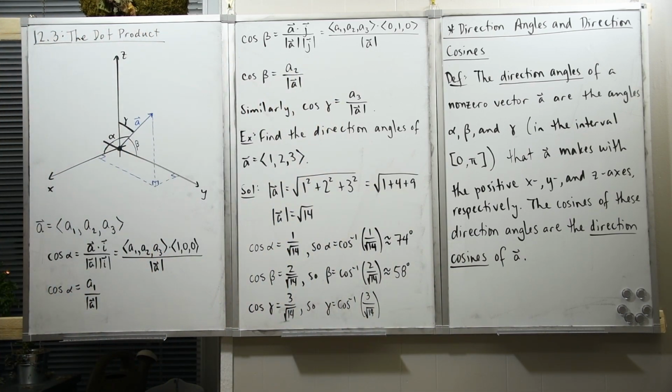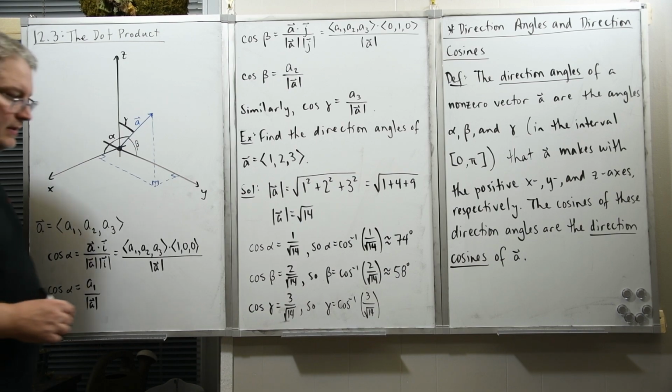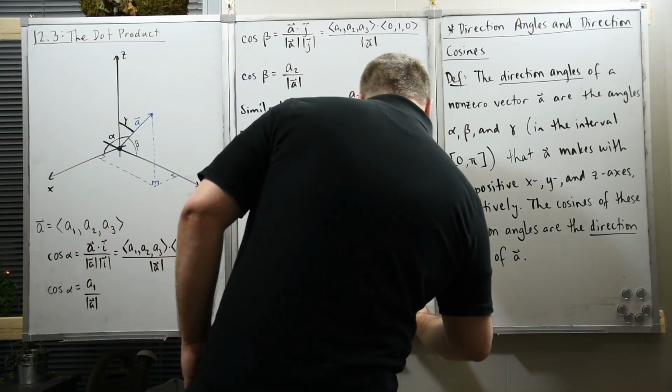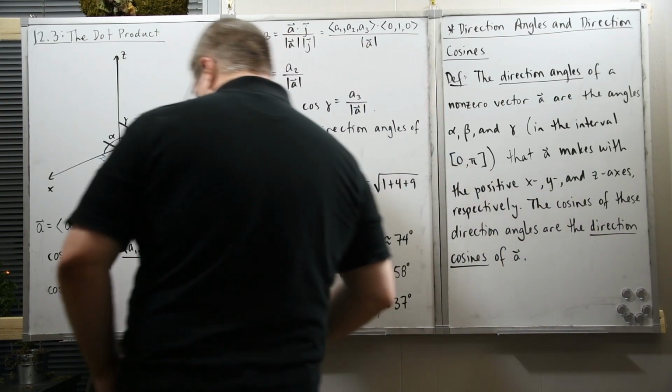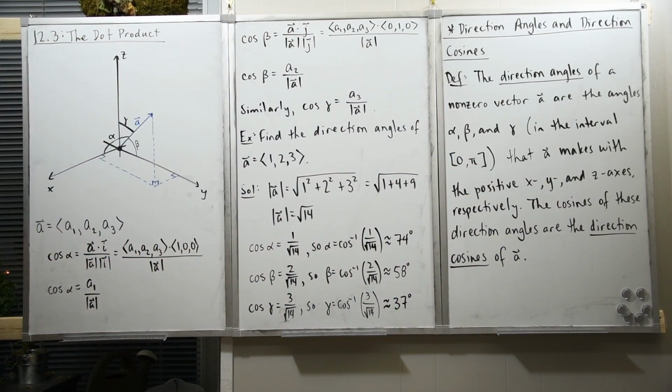So that means gamma is inverse cosine of 3 over square root of 14. Again, we approximate that and we get about 37 degrees. So here we have our approximations for the direction angles of this vector A.